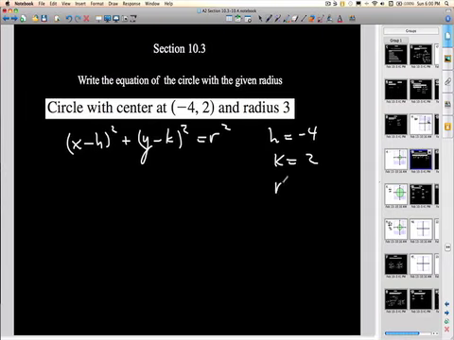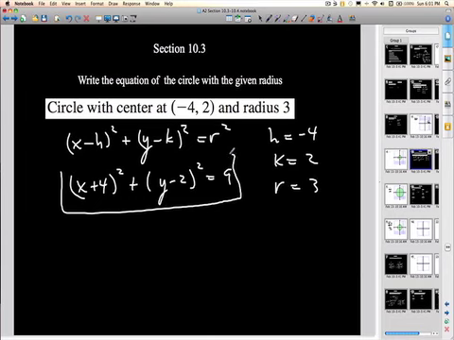My radius is equal to 3, and I just plug these values in. x minus -4 is x plus 4, squared. y minus k, y minus 2, squared, equals r squared, which is 3 squared, or 9. And there I've got my equation of a circle.